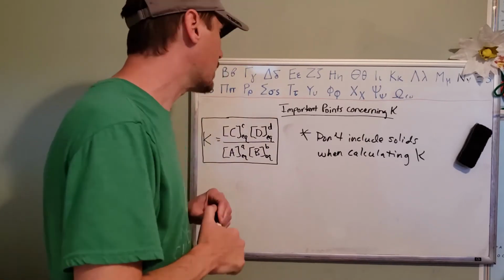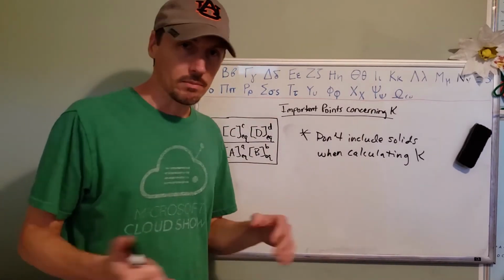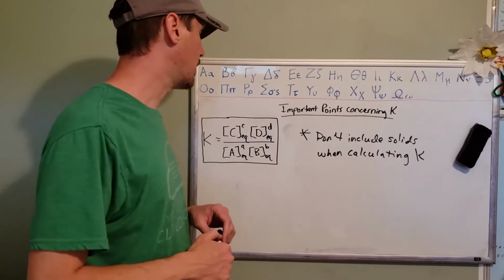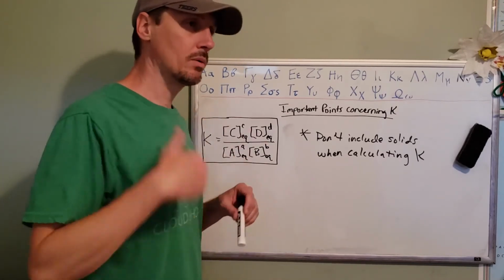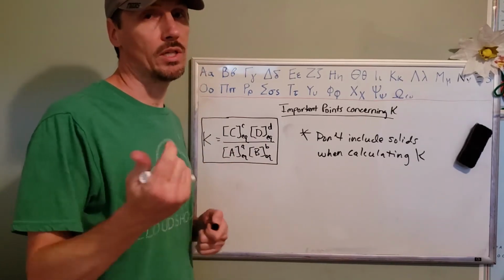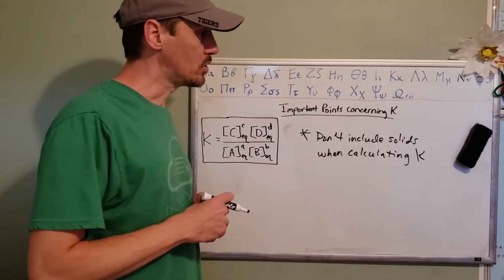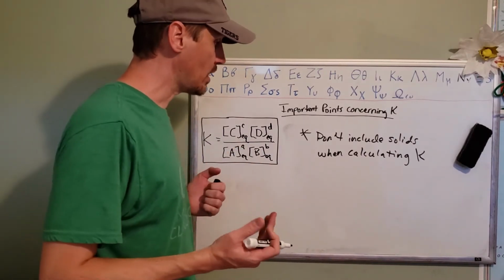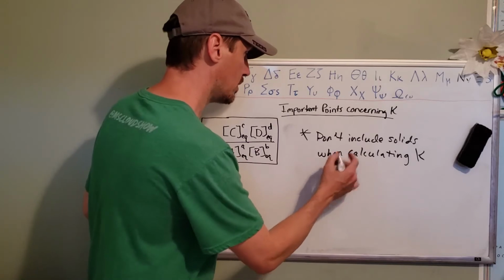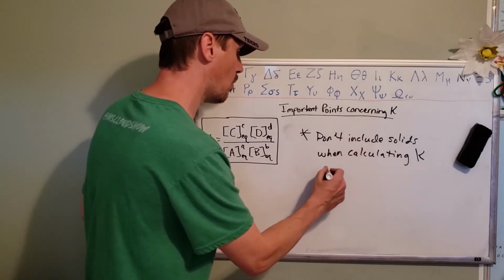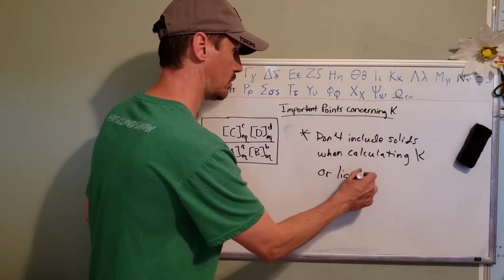Now, if we talk about liquids, same scenario. As the liquid begins to disappear, the volume will also decrease the same amount, and so its density is going to stay the same. So don't include solids or liquids when calculating K, right?